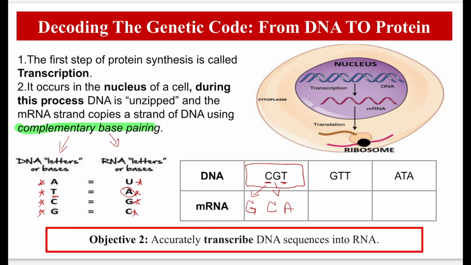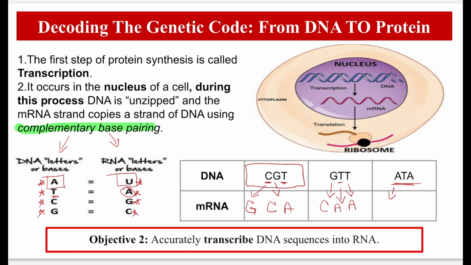Moving on to our second codon, GTT. G matches with C, T with A, again T with A. So GTT becomes CAA in our RNA language. For our last codon, ATA.